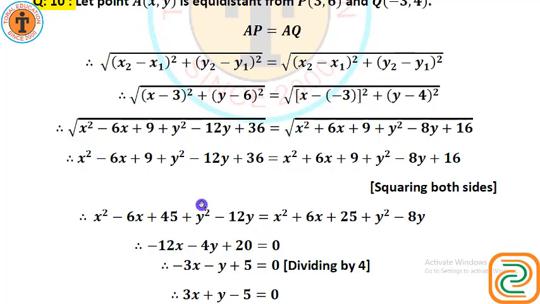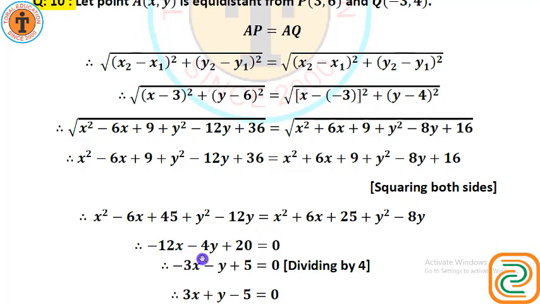Here also 16 plus 9 is 25. The rest are the same. x square and x square cut, y square and y square cut on both sides of equals. So minus 12y minus 8y, that is minus 4y, and 45 minus 25, that is 20.